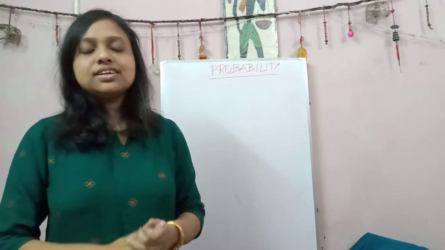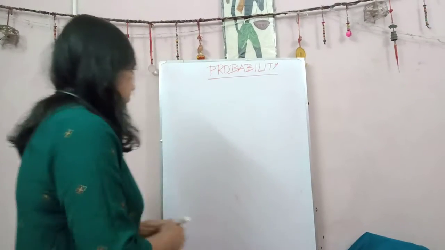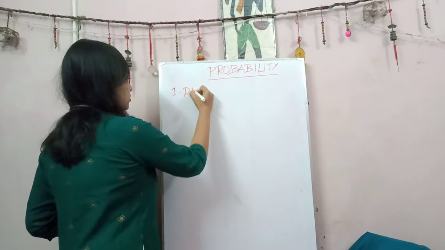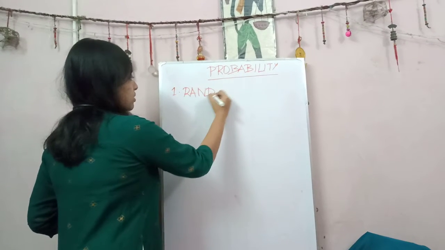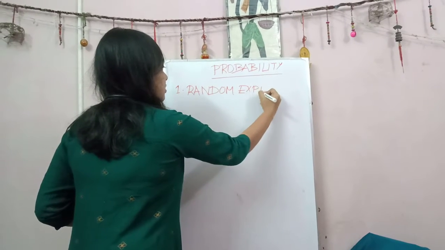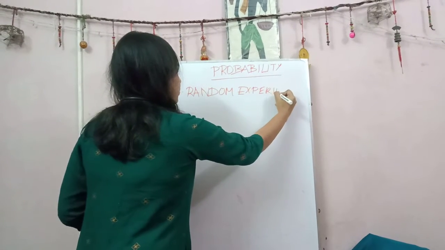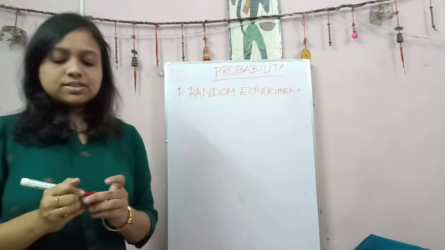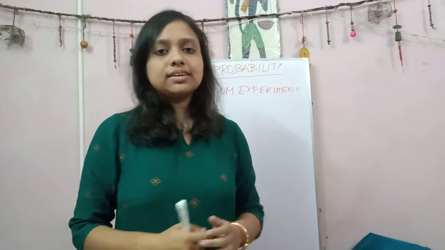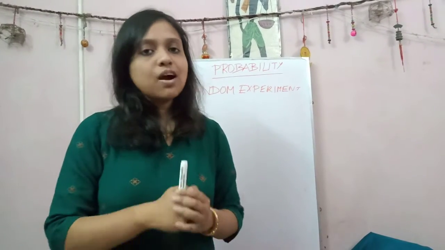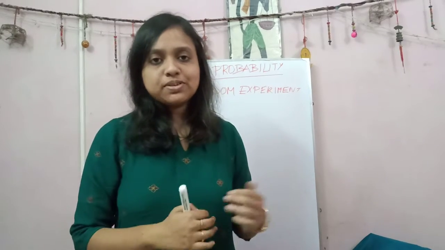Now before learning probability, we need to learn certain concepts. The first one is random experiment. Now everyone knows what is an experiment. An experiment is something that gives us some results or outcomes. Please note we will use outcomes instead of result in this chapter.